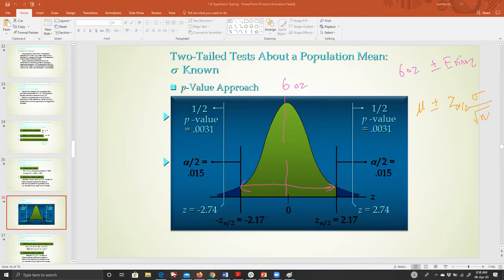So the idea is you can see the plus minus. What we are saying is from mu naught minus Z alpha by 2 sigma by root n to mu naught plus Z alpha by 2 sigma by root n, this range is acceptable, okay?